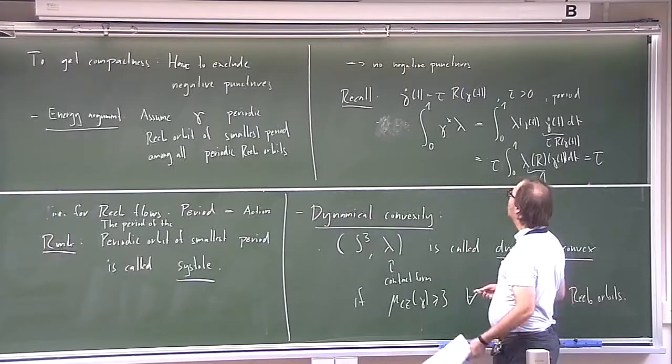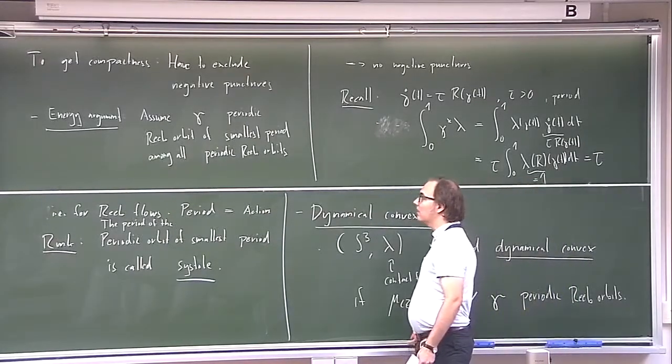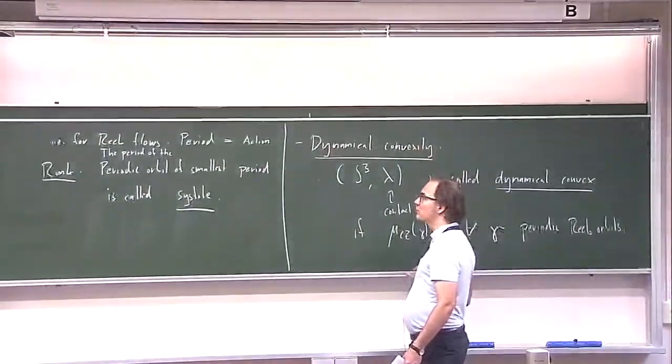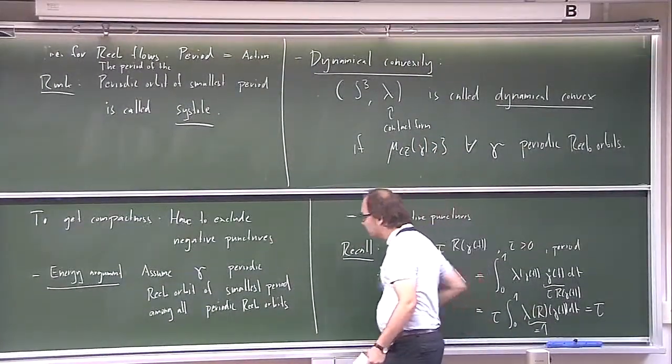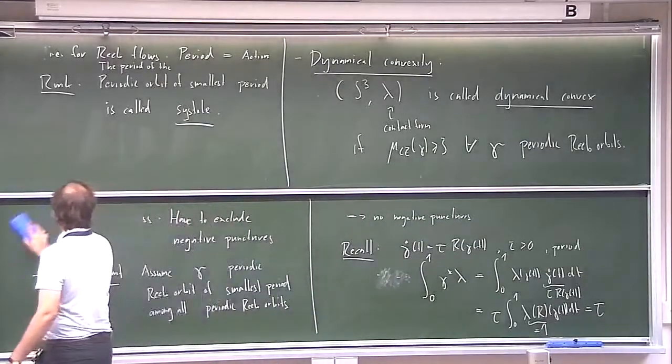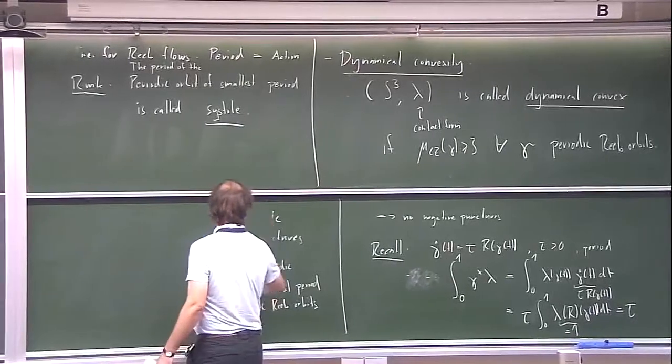And then a binding argument shows that in this case, no negative punctures for finite energy planes can occur.